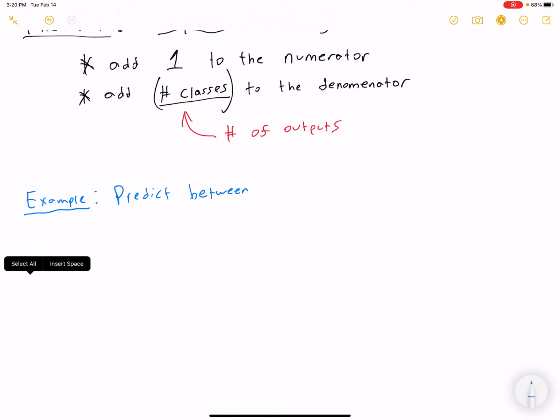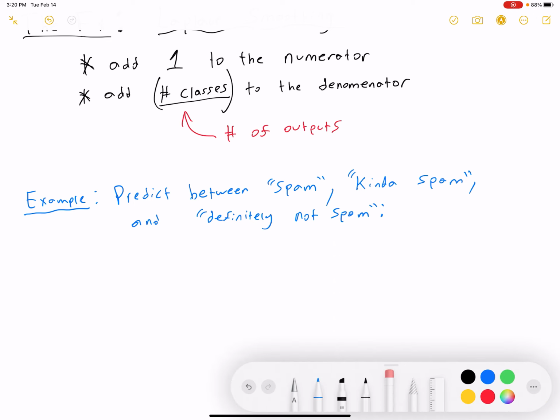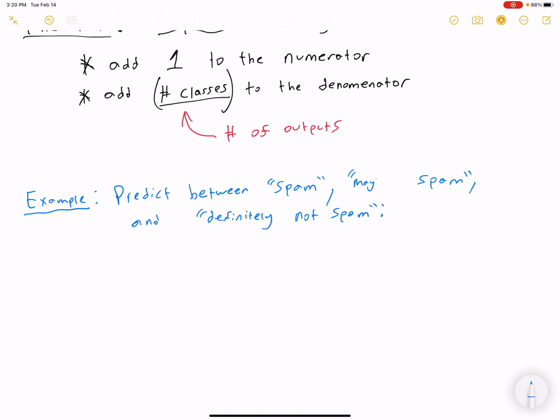So let's do spam, kind of spam, and definitely not spam. Maybe it shouldn't be kind of, maybe it should be maybe spam. In practice it might actually be suspicious, because Google will say spam or not spam, though it might put suspicious.